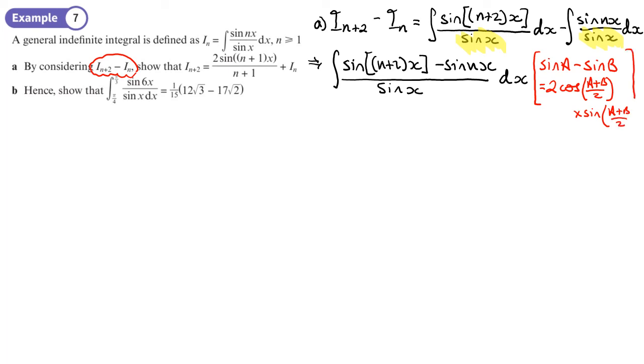That's a quick way of getting the answer, because we could replace A with this (n plus 2) times x and B with nx, but you may not necessarily be thinking that way in an exam. You may not necessarily recognize, oh yes, sine A minus sine B, and then remember this from the formula book. You may do, but you may not.